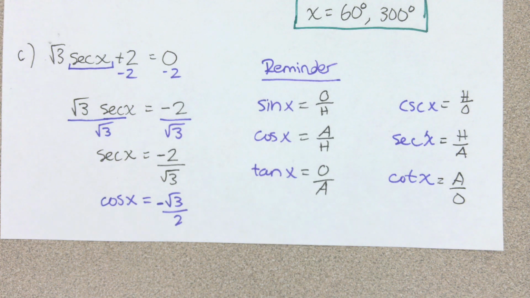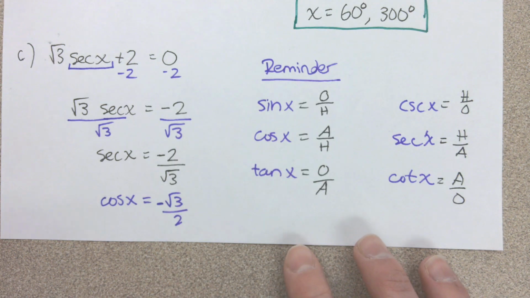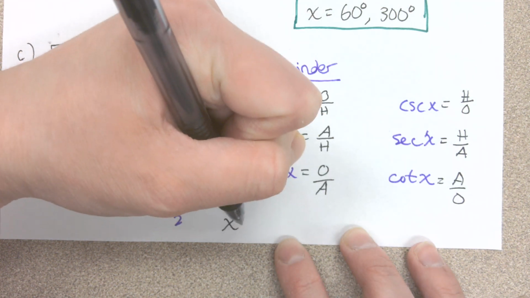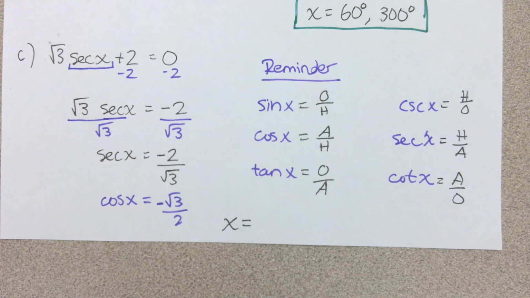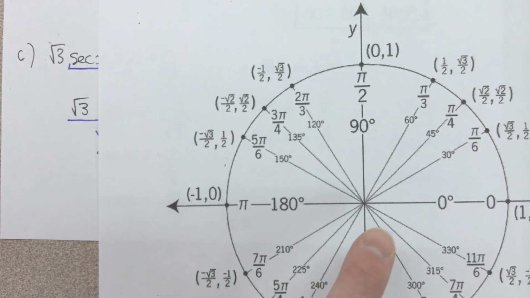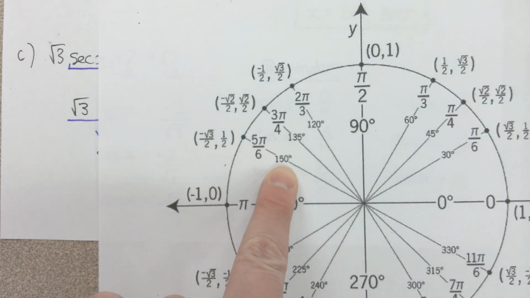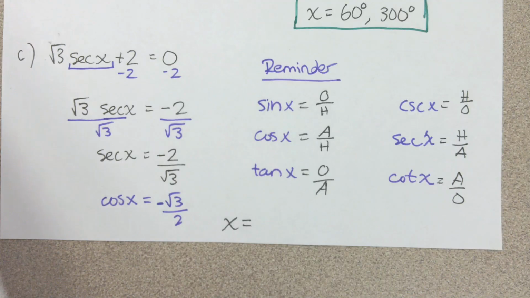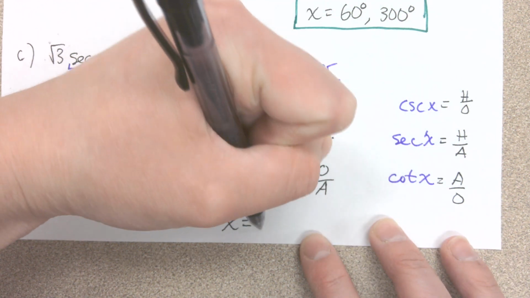From here, we can use the unit circle to identify the x values. Negative rad 3 over 2, again, x's spot for cosine. So we should be looking on the left side of the graph here. Negative rad 3 over 2 at 150 degrees. That's the first answer.